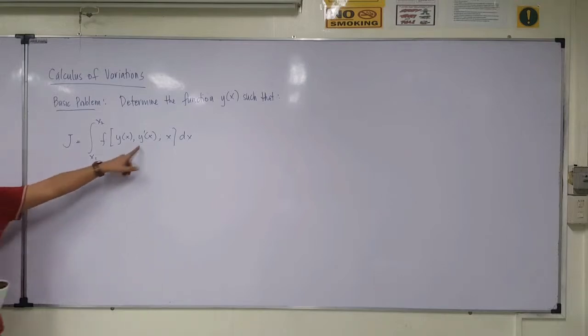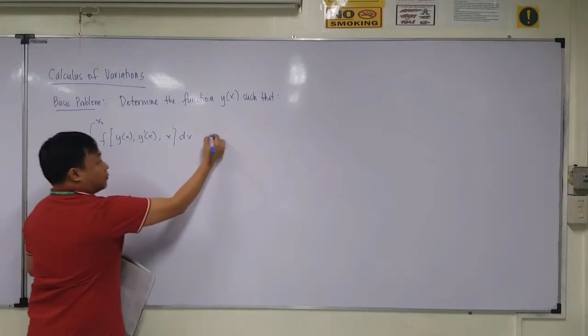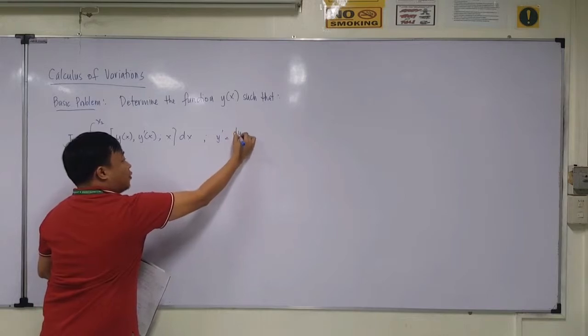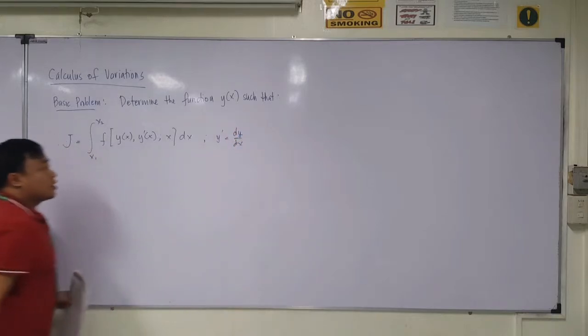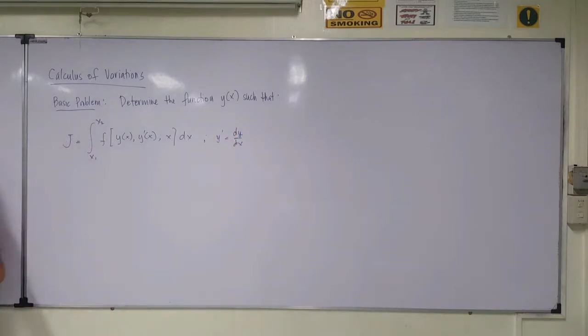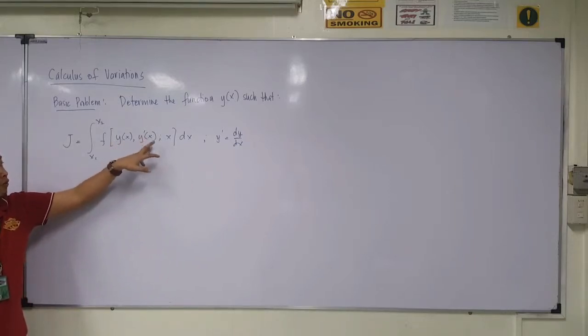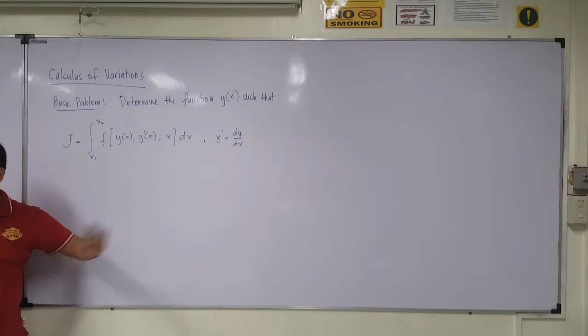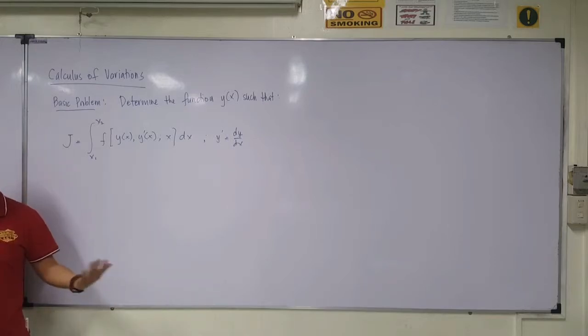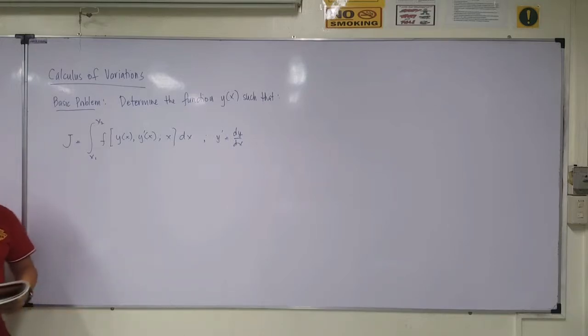Again, y prime is the derivative of y with respect to x. Right now we're just going to use the variables y, x, and the derivative of y with respect to x as our general variables. Then we're going to extend this to the Euler-Lagrange equations.